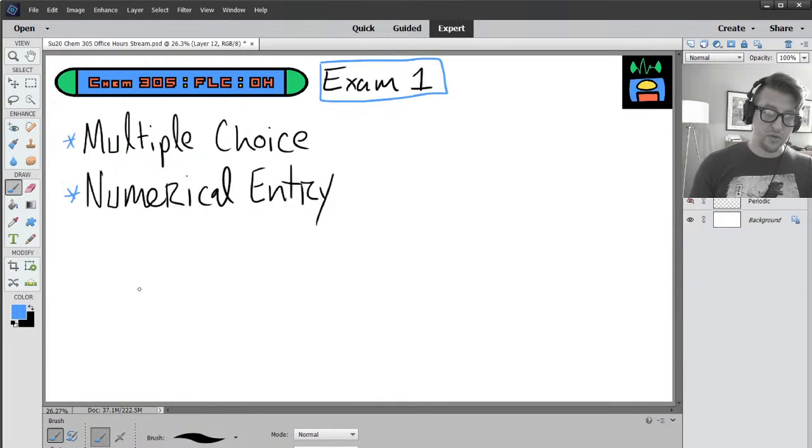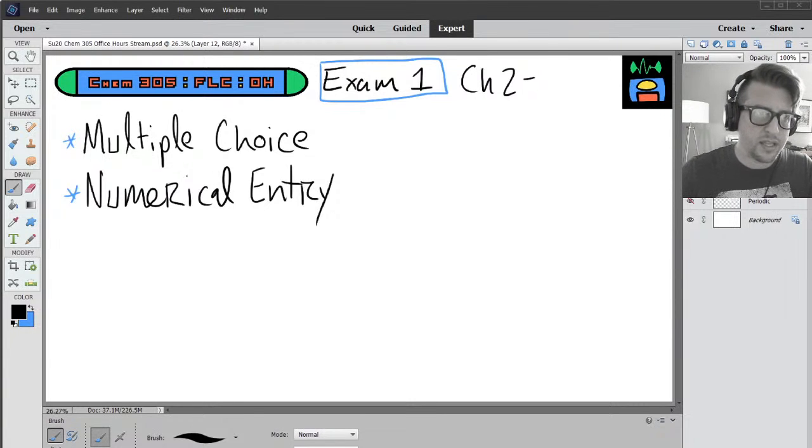It's going to cover chapters 2 through 4, I believe. Let me double check that. Oh, sorry, not 2 through 4, 2 through 3. No, chapters 1 through 3. Oh, wait, hang on. Yeah, let me just double check the syllabus.